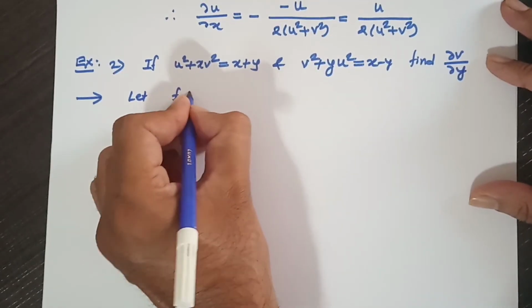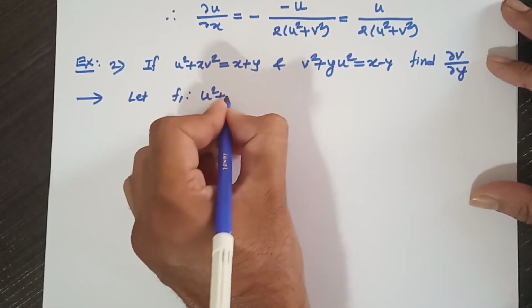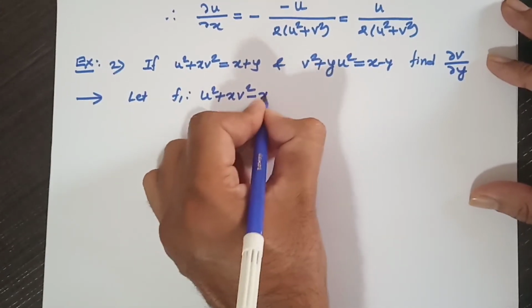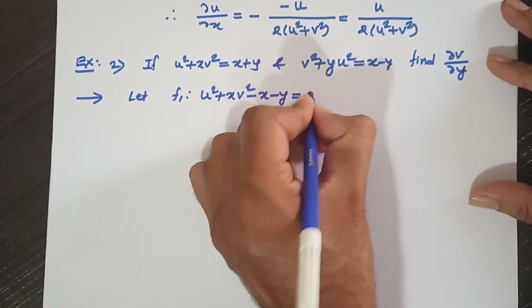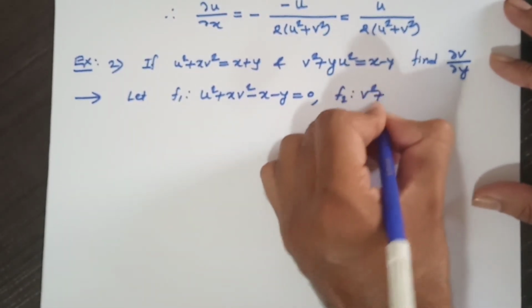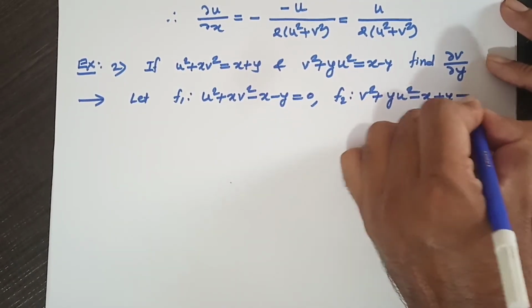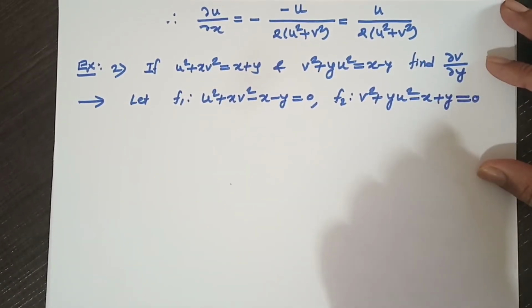Now here the implicit functions are f1 is u square plus xv square minus x minus y equal to 0, and f2 is v square plus yu square minus x plus y is equal to 0.